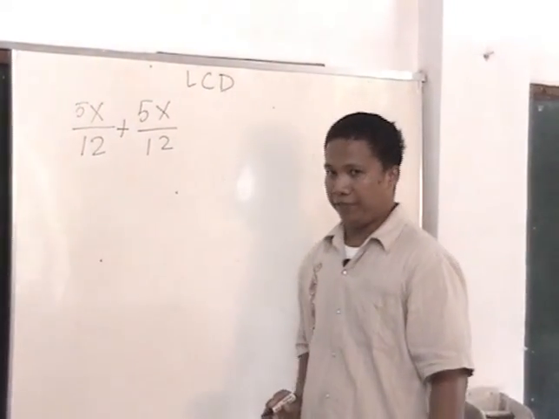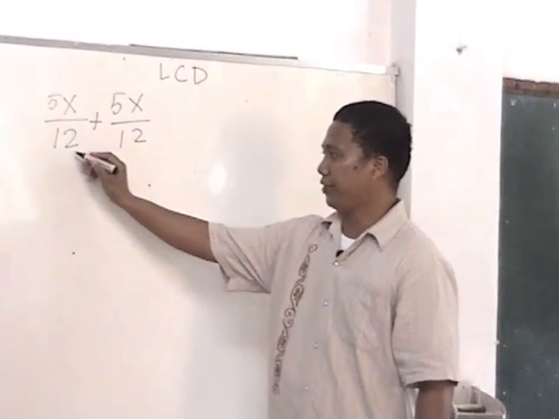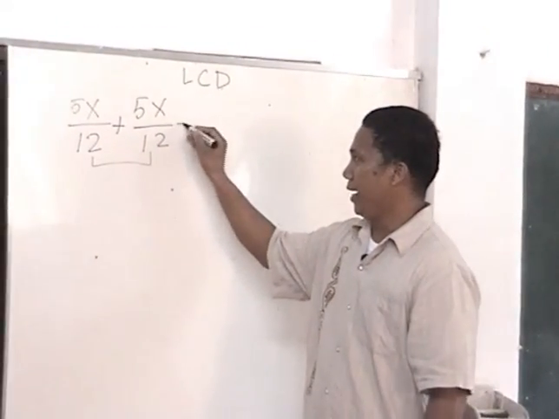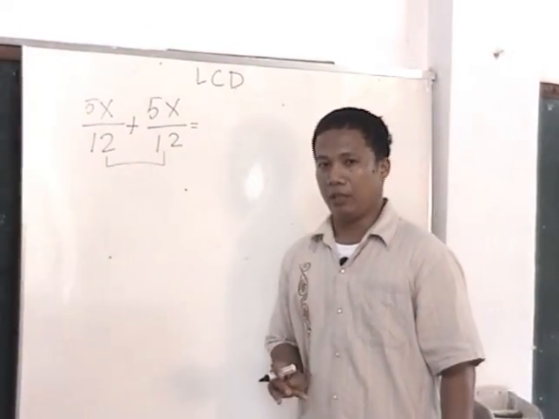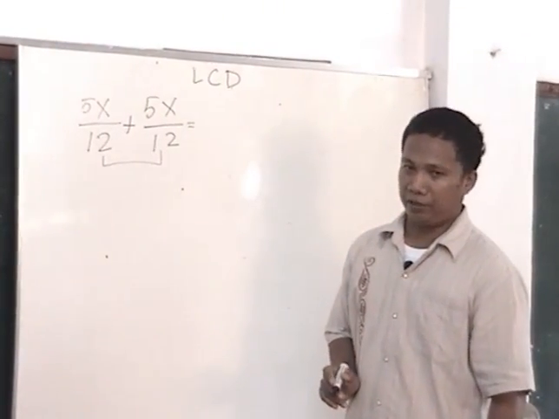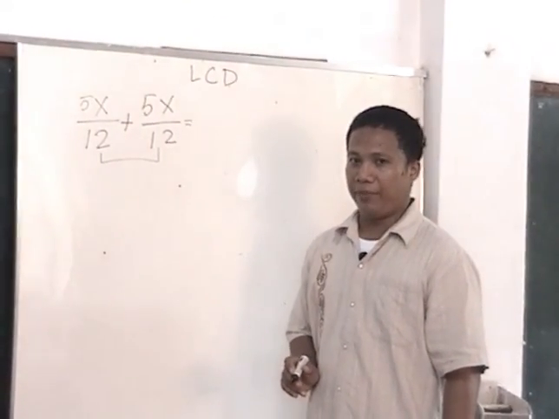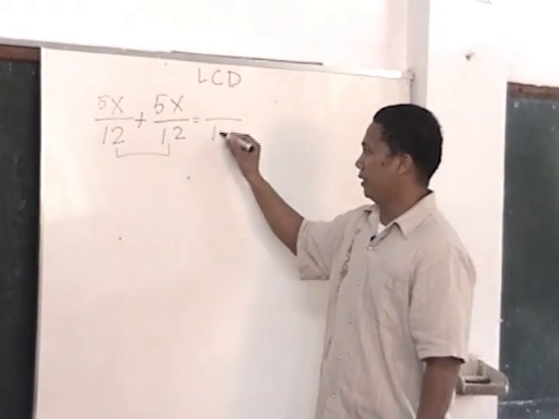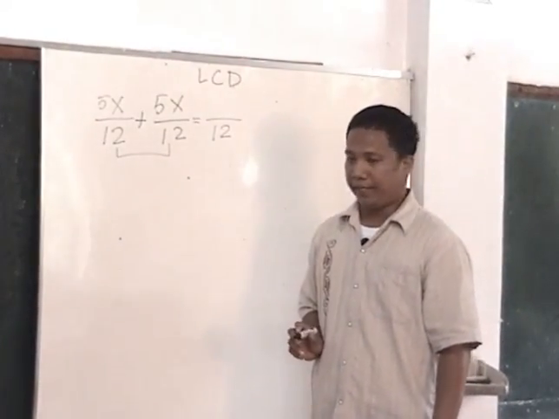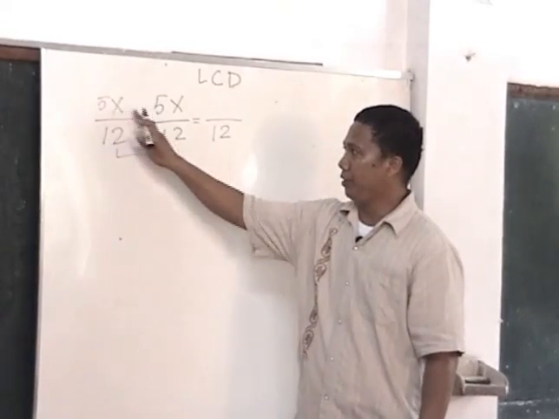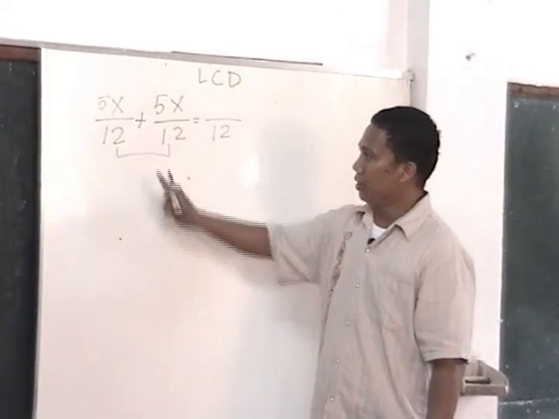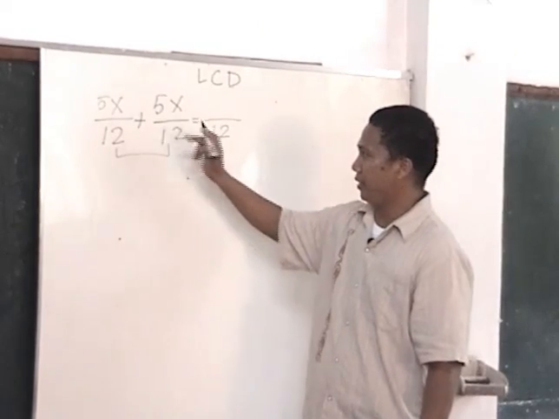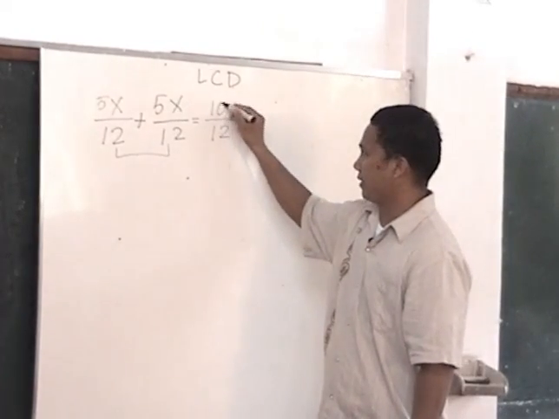So, based from the given values, we have the same denominator. And in addition of rational expressions, if we are having the same denominator, we have to copy the denominator first and then proceed to addition of numerators. So we have 5x plus 5x is equal to 10x.